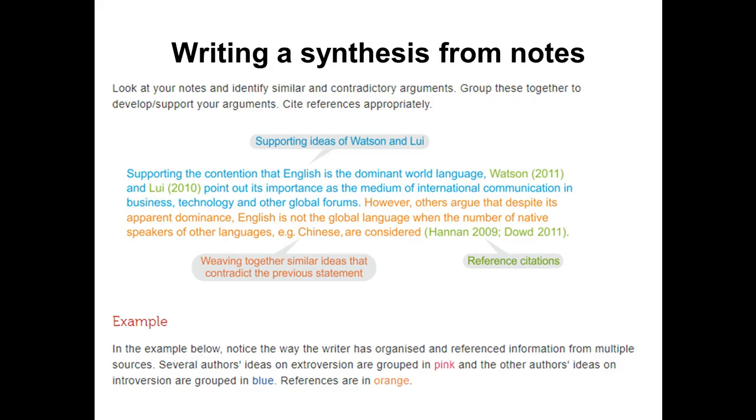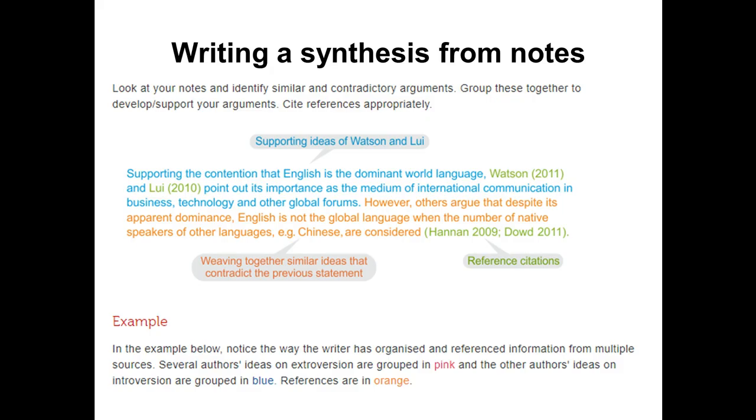Watson 2011 and Louis 2010 point out that English is important as the medium of international communication in business, technology, and other global forums.